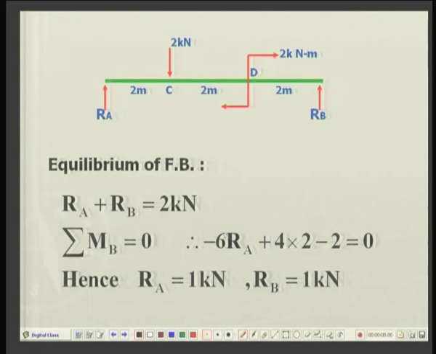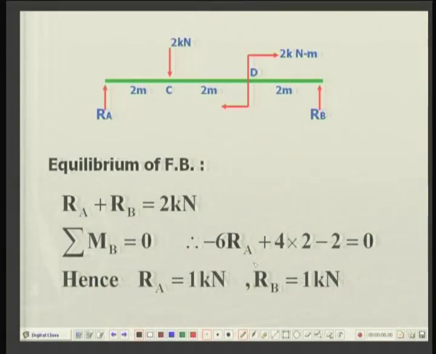So, 6 into R A, which is clockwise, hence negative, plus 4 into 2, so 2 kilonewtons into 4 anticlockwise positive, and then there is a negative moment due to the couple of 2 kilonewton meter, equal to 0. So, R A comes out to be 1 kilonewton, R B also 1 kilonewton. So, overall equilibrium gives us the two reactions.